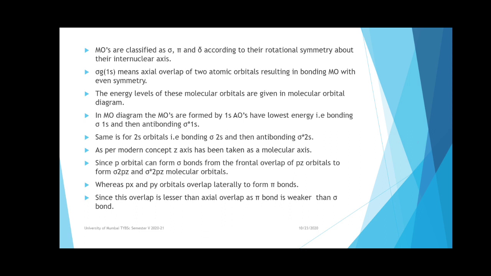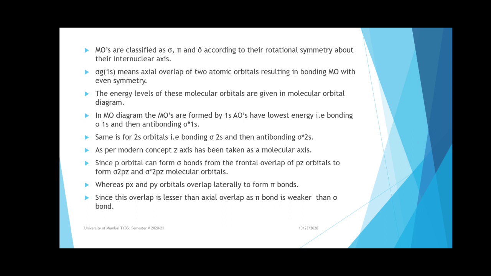In the MO diagram, the MOs formed by the 1s atomic orbital have the lowest energy, that is bonding sigma 1s and then antibonding sigma star 1s. Similarly, for the 2s orbital, there is formation of sigma 2s and sigma star 2s antibonding molecular orbital.